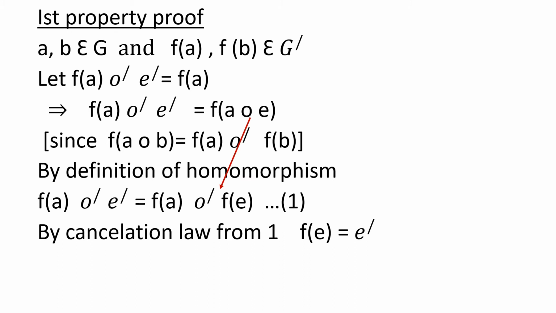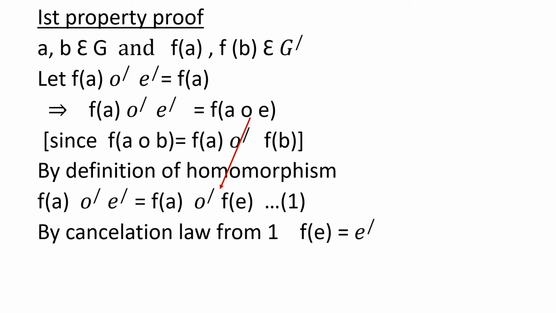Now, this is basically the first proof. Let us suppose that a and b are elements related to G. Then f(a) and f(b) will be elements related to G'.